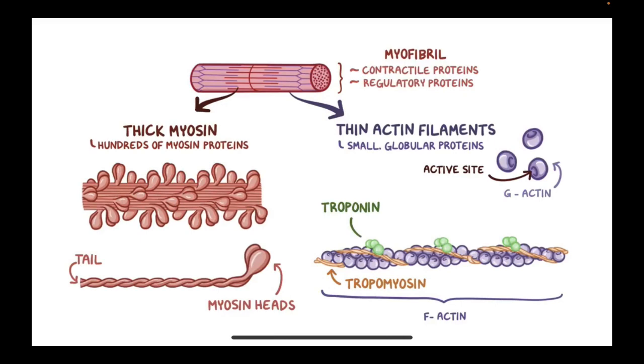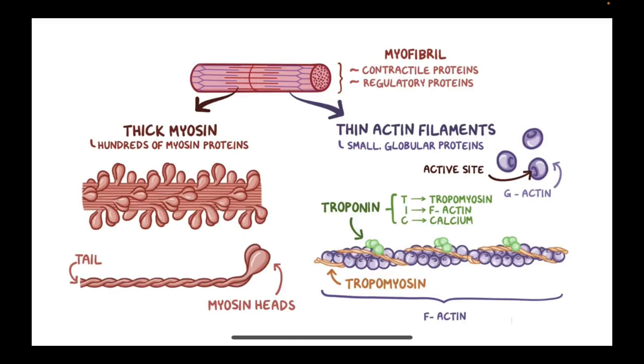The troponin is comparatively smaller, shown here in green, and it has three subunits. You've got the T subunit, which binds to the tropomyosin, the I subunit, which binds to the F-actin, and the C subunit that binds to calcium. Together, they form what's called the filamentous actin, F-actin, hence the name.